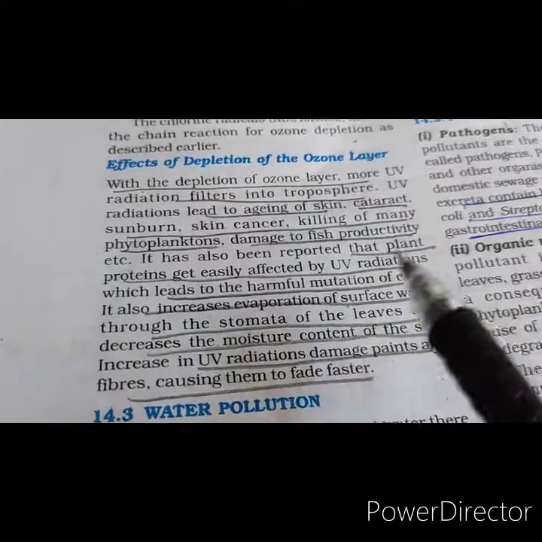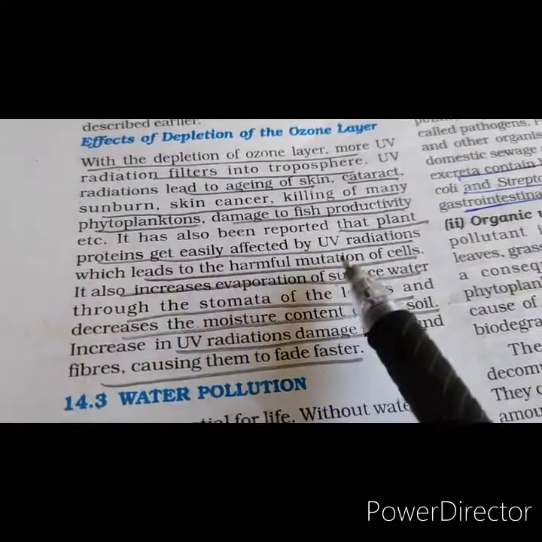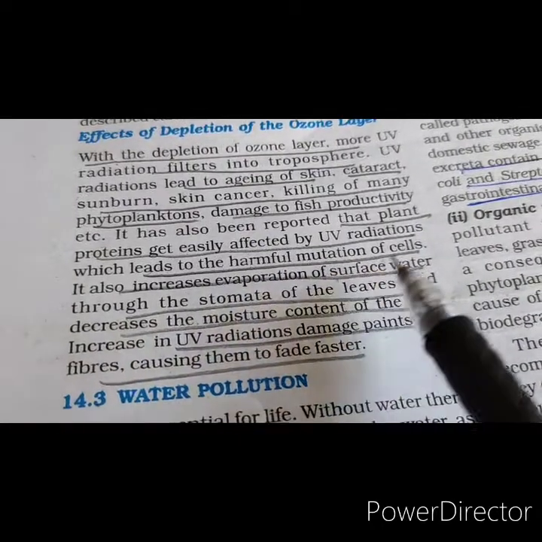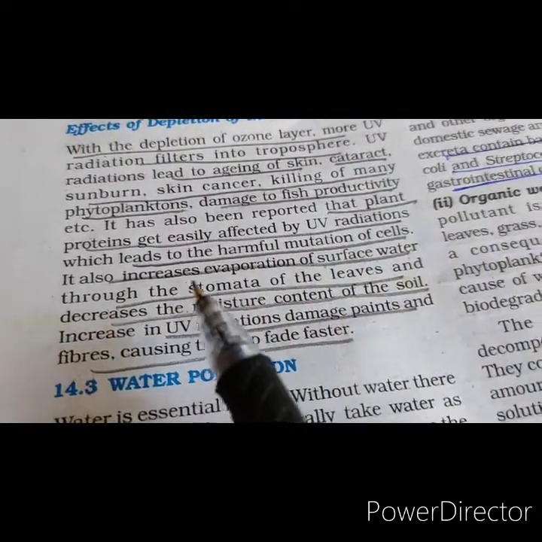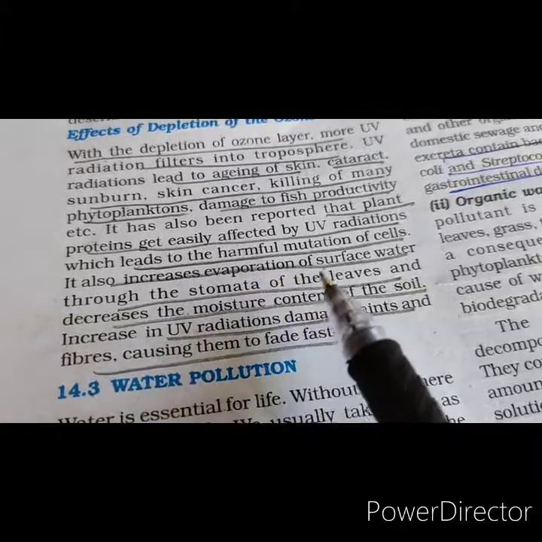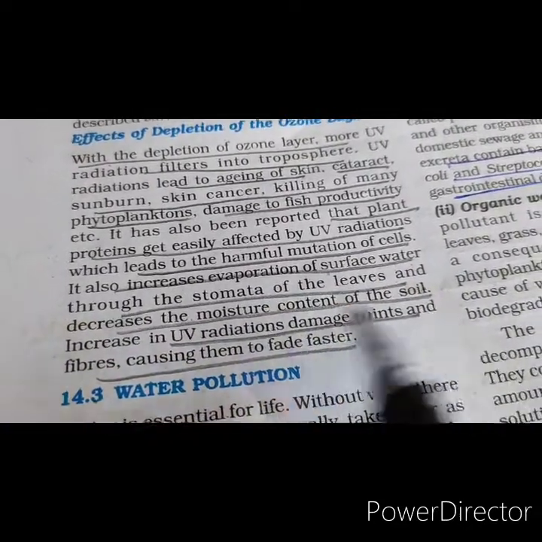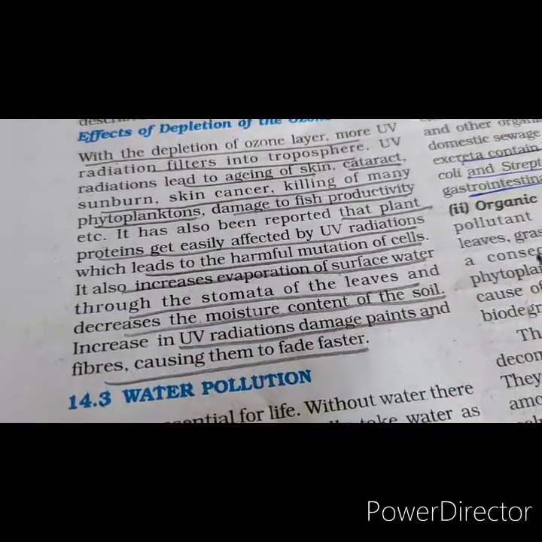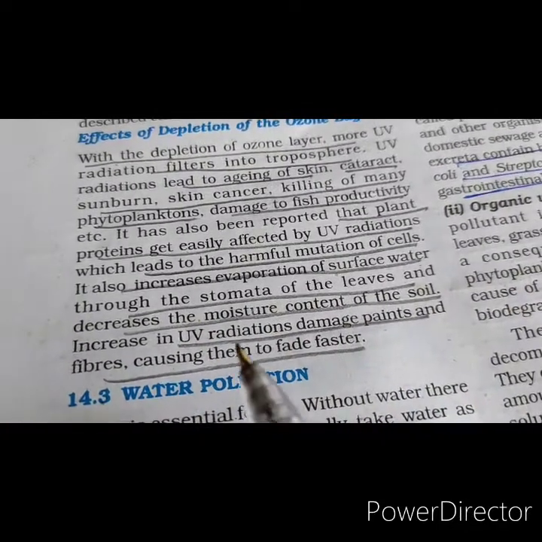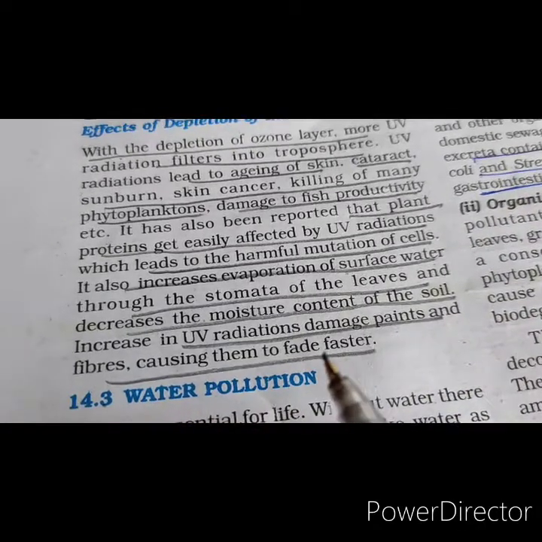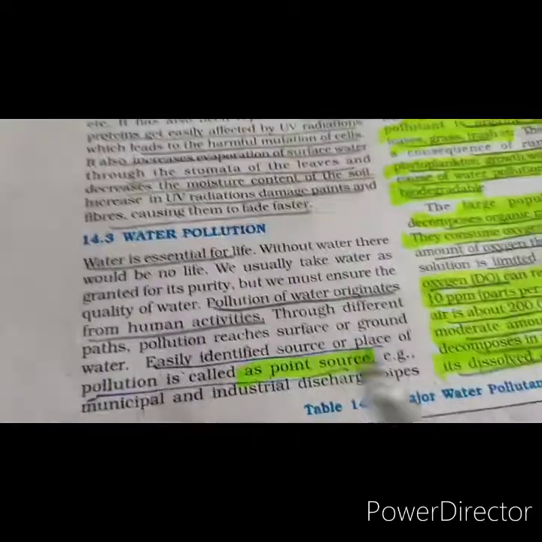Also, the plant proteins are affected by the ultraviolet radiations, as a result of which they undergo mutations. It also increases the evaporation of surface water through the stomata of the leaves and decreases the moisture content of the soil. Increase in ultraviolet radiation damages paints and fibers, causing them to fade faster.